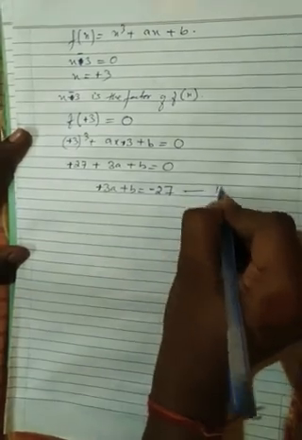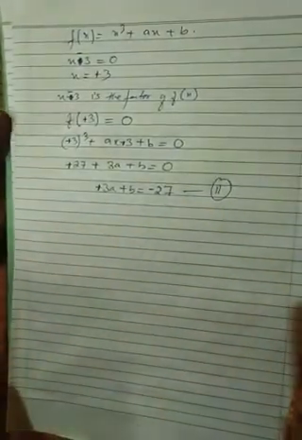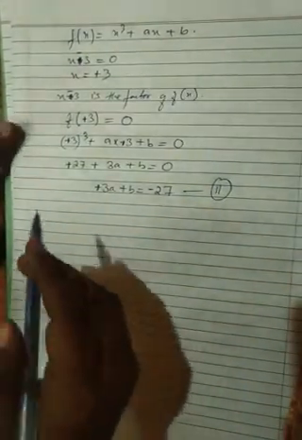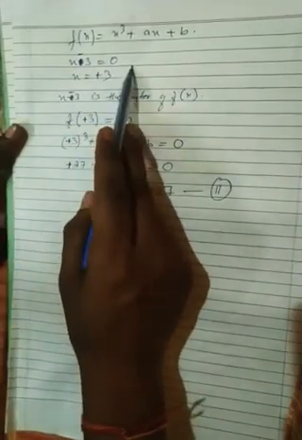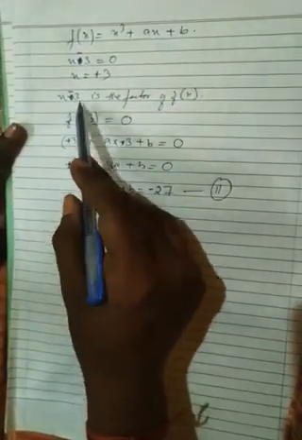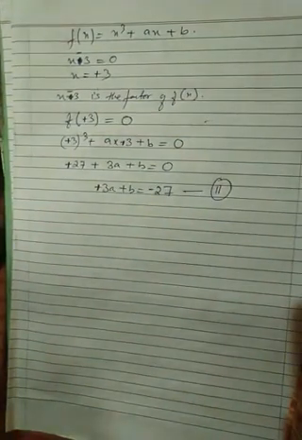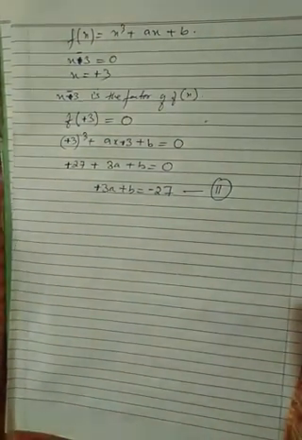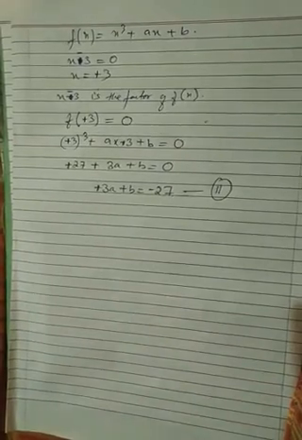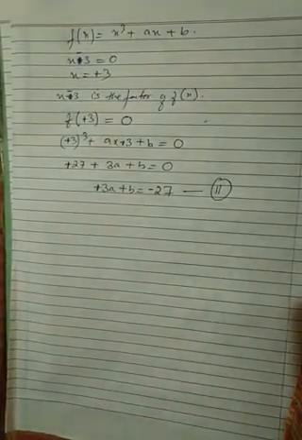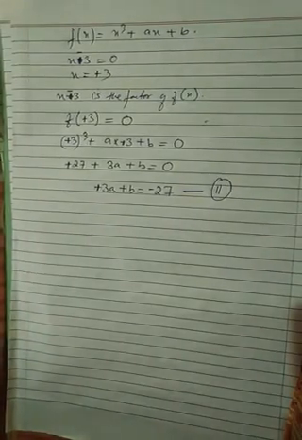This is the second equation, 3a plus b minus 27 equals 0. Just remove this sign. x minus 3 is 0, so x will be plus 3. Since x minus 3 is a factor of f of x, we can substitute in f of 3. The two equations we will solve simultaneously and get the values of a and b.